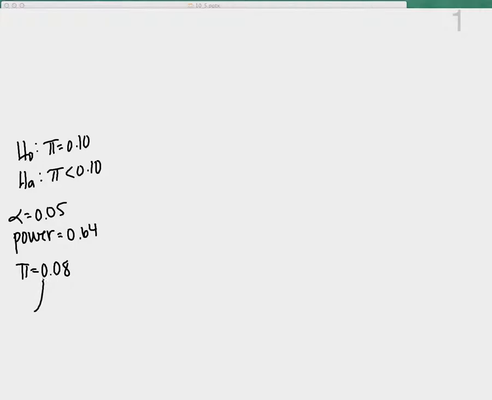So what this is telling you is that this is the true value of pi. The true value of pi actually happens to be 0.08, which of course I don't know, just theoretically in this case you didn't know that. What does it mean that the power equals 0.64?